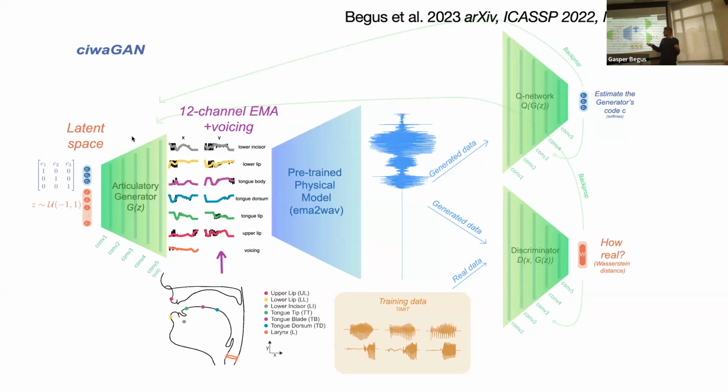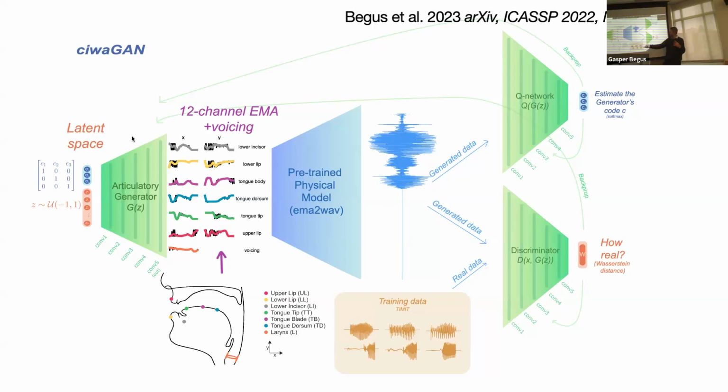And what it does is through a series of convolutional layers, it produces EMMA movements. So EMMA is a way to measure articulation. Okay, so we need to talk about EMMA. What does it stand for? Electromagnetic articulography. You put a bunch of electrodes on people's tongue, lips, and teeth, and then measure how they speak.